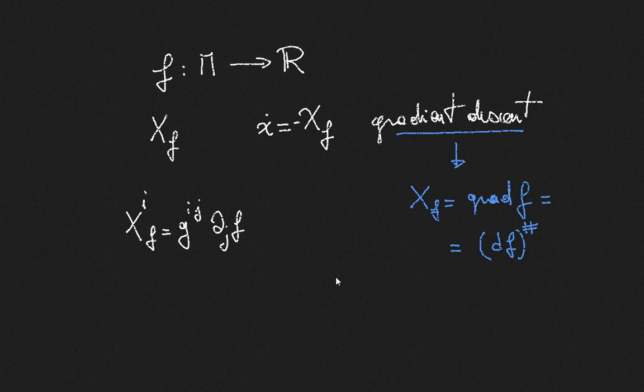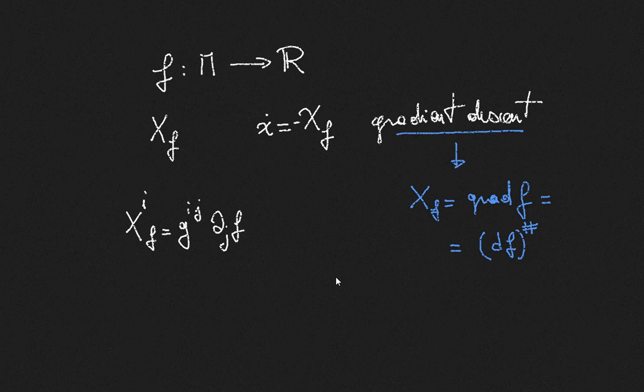And what do we get here? Well, we get at least a local minimum point of f, because following the gradient backwards, we get a curve which goes towards, hopefully, a minimum point, or at least a critical point of our function f.